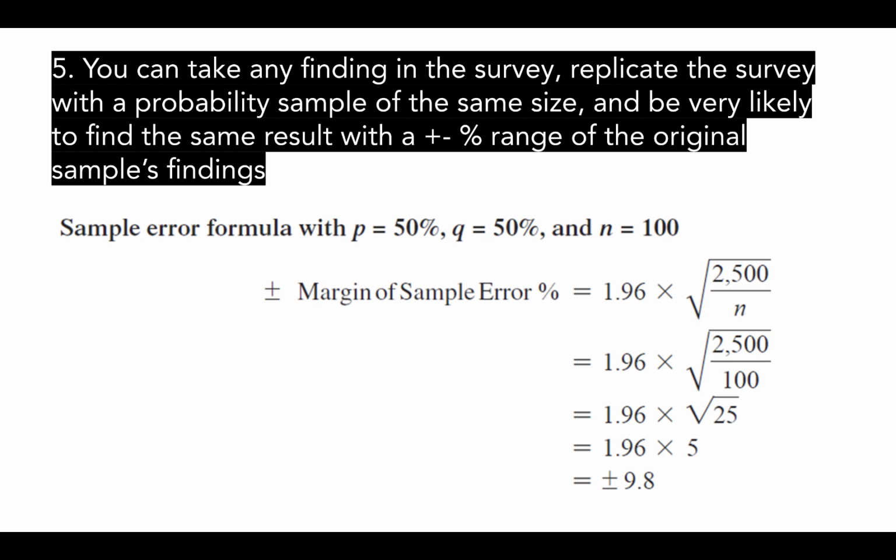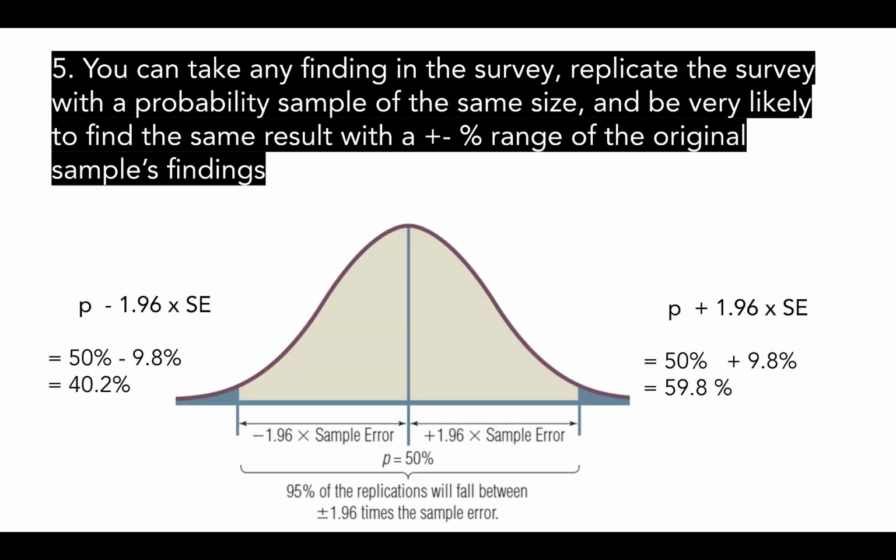In this case, we come to a sample error percent of plus or minus 9.8. What that looks like is you can create a confidence interval with, on the left side, P minus 1.96 times the sample error, or P minus 9.8, which is 40.2% on the left side.